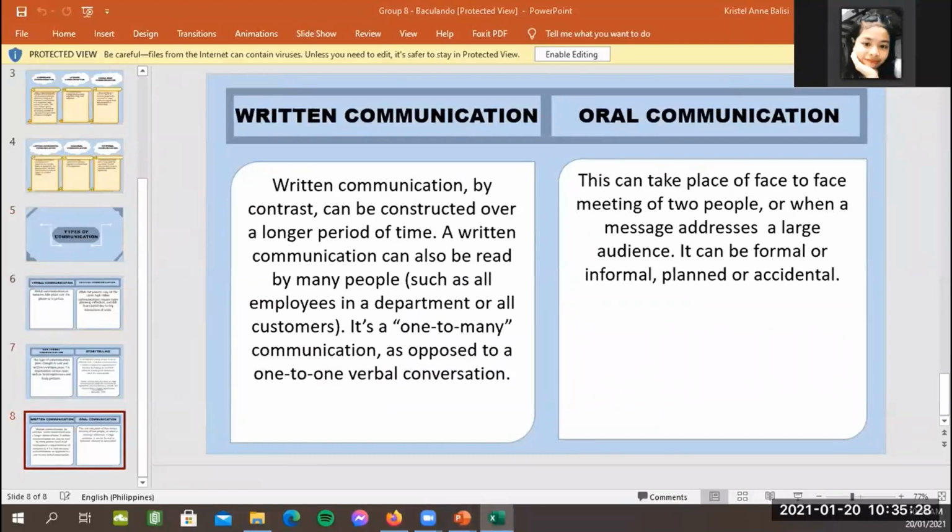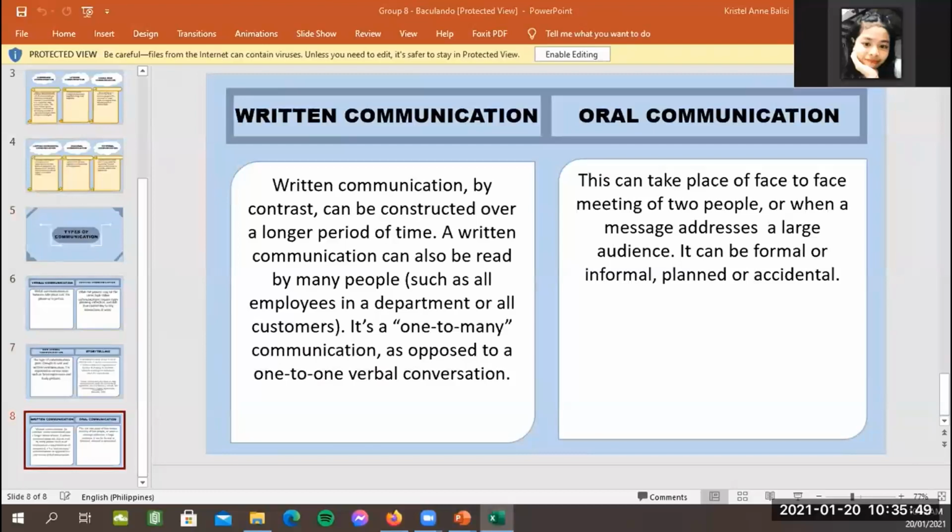Written communication can be constructed over a longer period of time. A written communication can also be read by many people, such as employees in a department or customers. It is a one-to-many communication.